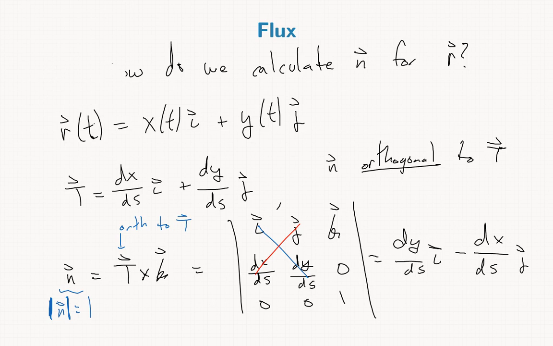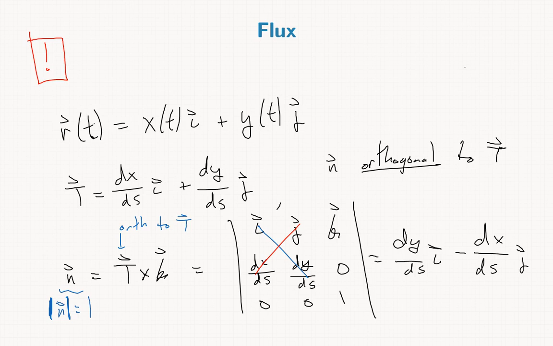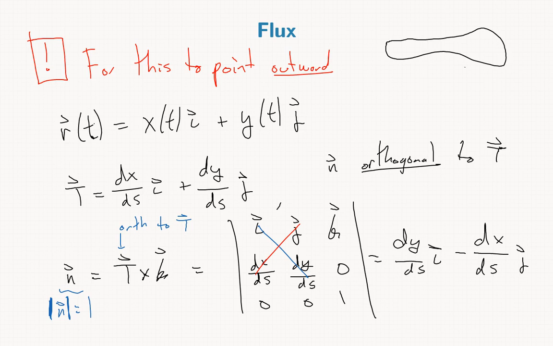Now, the subtlety about the outward pointing normal vector. For this to point outward, we need to assume that in our parametrization, we're moving counterclockwise.